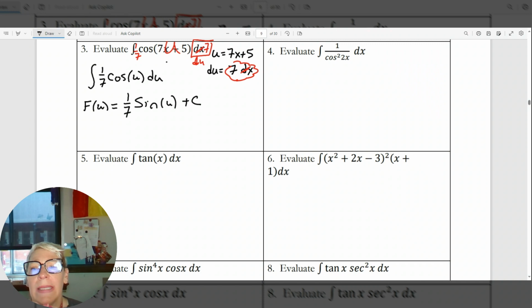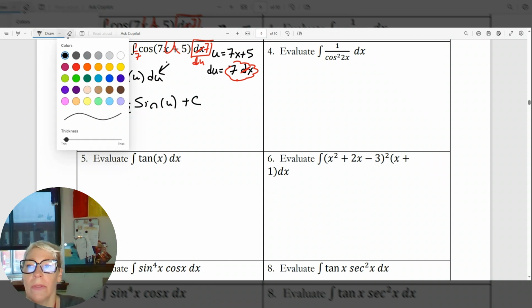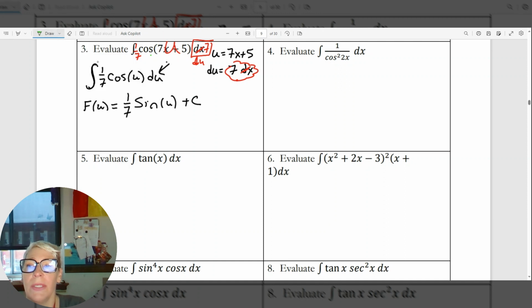Now, people always ask me at some point doing these, what happened to that du? This is a derivative of u. This symbol is an antiderivative of u. When you take the antiderivative, you've undone the derivative.